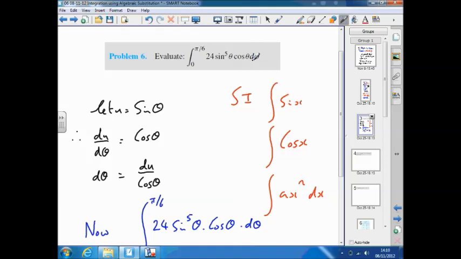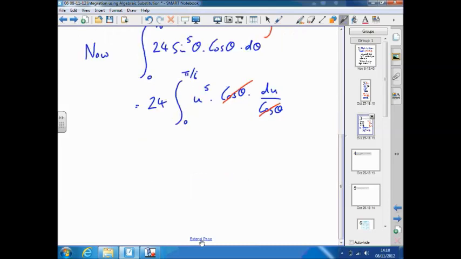There are lots of different methods, and you have to recognise the type of question to allow you to do it. So now we can go. The cos thetas cancel out, and so this equals 24 integral between 0 and pi over 6 of u to the 5 du.